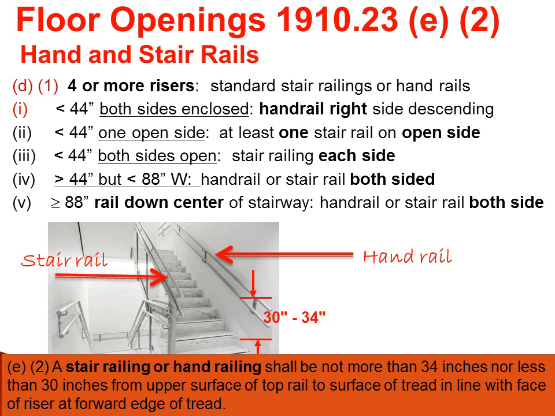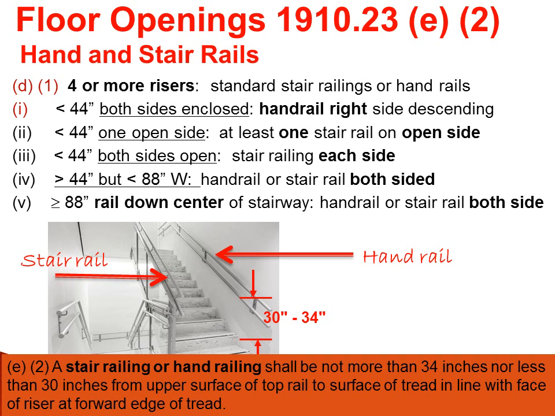If one side is open, you need at least one stair rail, that's on the open side. If both sides are open, then of course you need a stair rail on both sides. And if you have a very wide set of stairs, so they're greater than 88 inches, you also need a stair rail down the center.